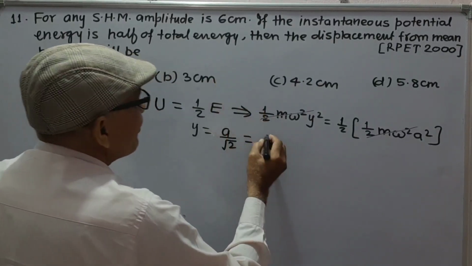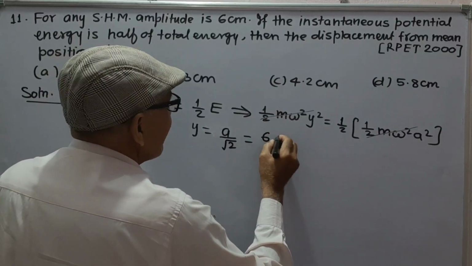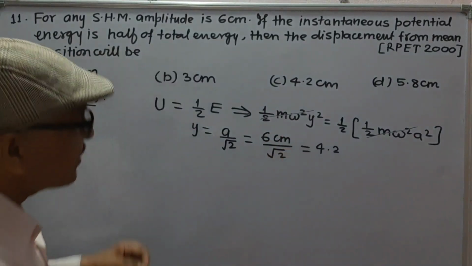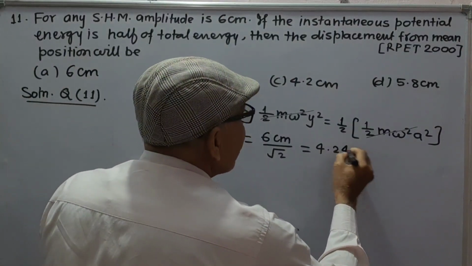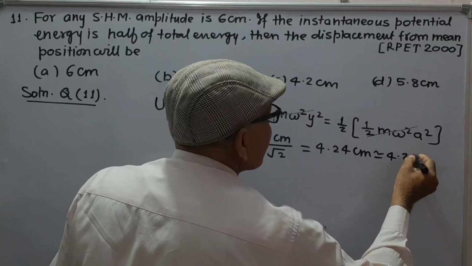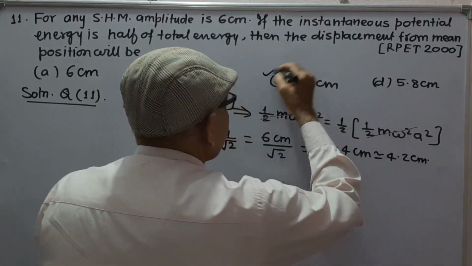A is given to be 6 cm upon root 2, which gives 4.24 cm, which is nearly 4.2 cm. So the correct option is C.